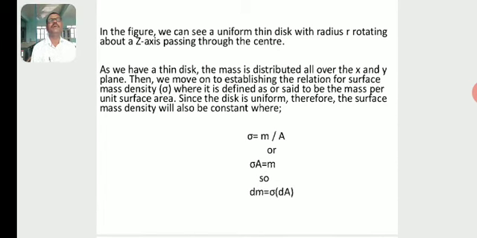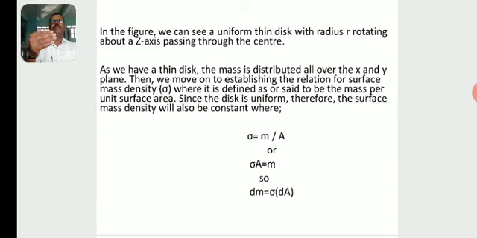Then we move on to establishing the relation for surface mass density, sigma, which is defined as the mass per unit surface area. Since the disk is uniform, the surface mass density will also be constant.